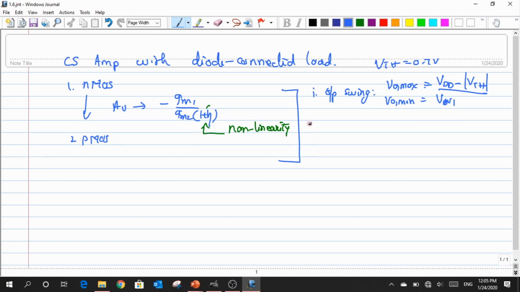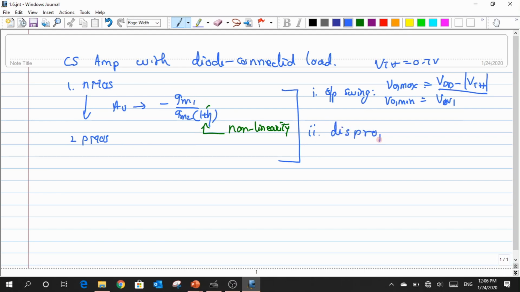And apart from this, we also found one more thing. What was the second issue that I can state here? The gain expression was written, right? So we used something like W by L factors. When I used a W by L factor, the gain was constant, but the whole problem is with respect to the disproportionality, right?